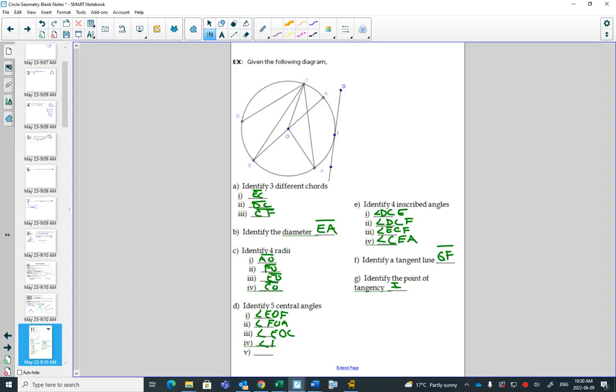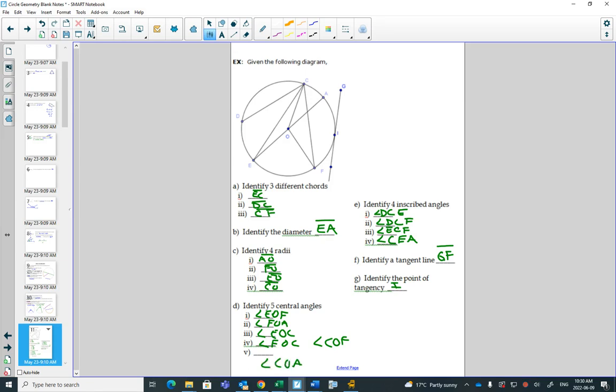Oh, yeah, there is. I was just joking. So if you wanted to be more appropriate, you could go COF, right? But I didn't want to go there. And I haven't done angle COA.